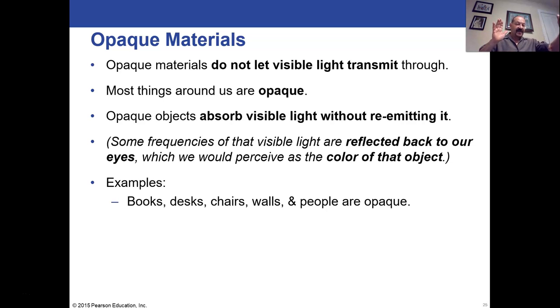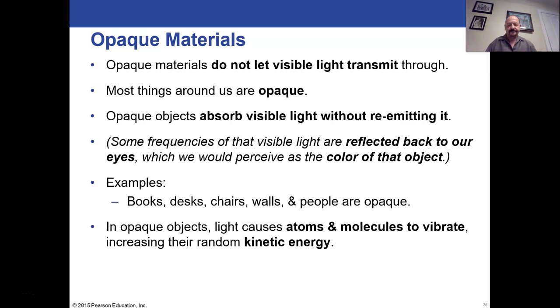That would be opaque to gamma rays. But if you made it narrower, gamma rays can get through it. So we can talk about other wavelengths, but we're going to limit it to visible wavelengths when we talk about transparent and opaque, unless I specifically say transparent to this, opaque to this.